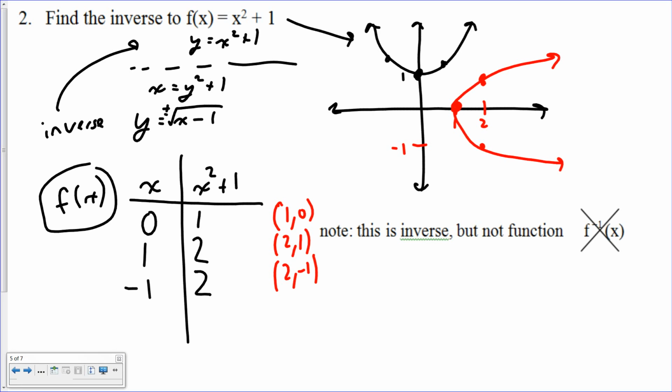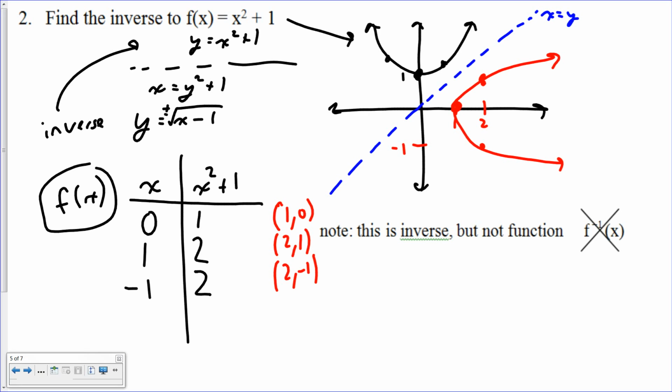One of the key features of inverse functions actually is that it's reflexive about the x equals y line. It is going to reflect over the x equals y line for any inverse functions.